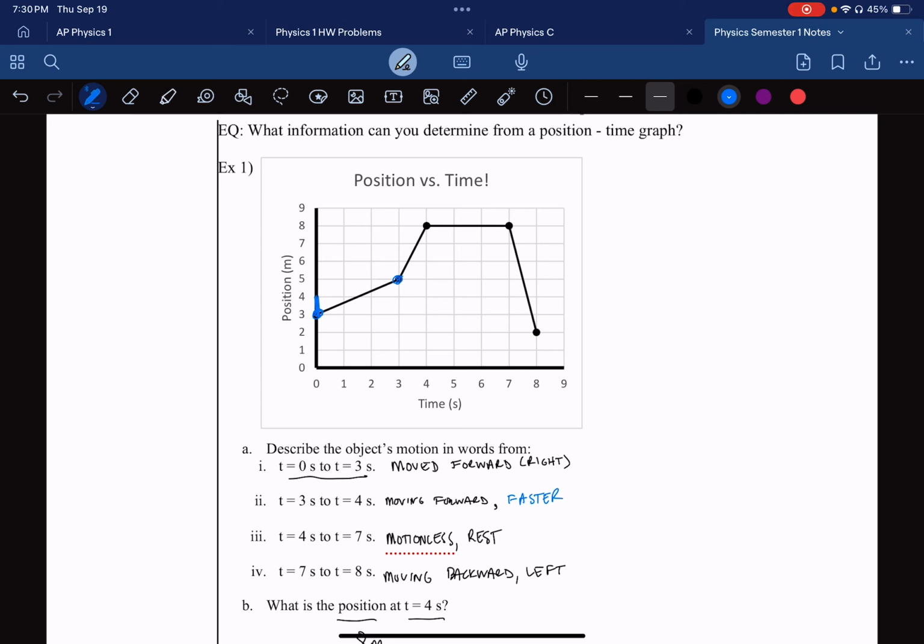So we go up 1 unit, and then 2 units. Sometimes I'll show it like this, where I go up 1 and 2. And then we go over 1, 2, and 3.